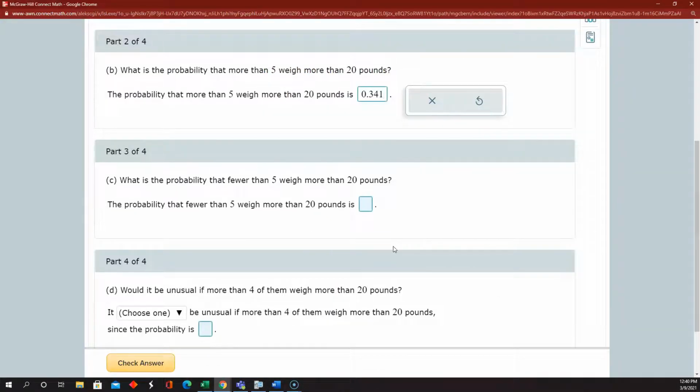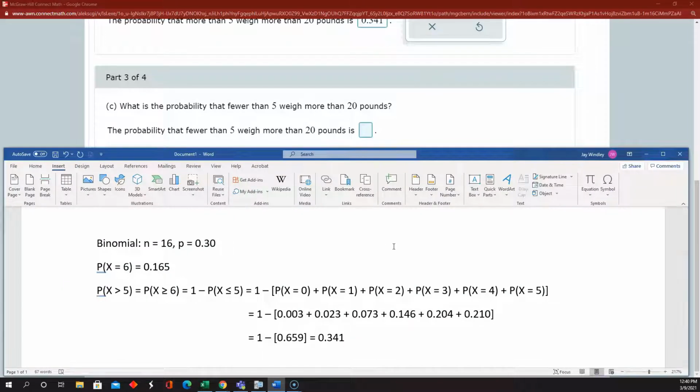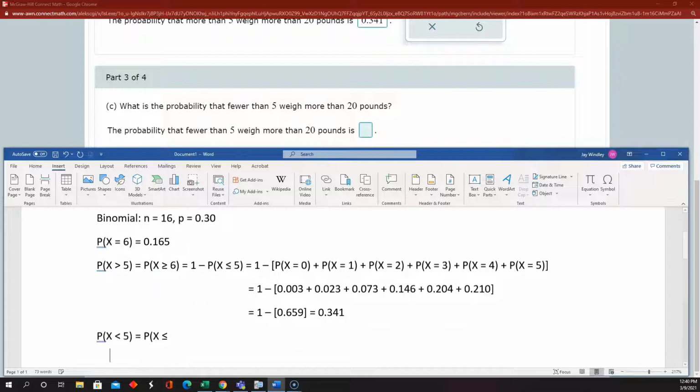Then we have a question that says, what is the probability that the number of successes is fewer than 5? So fewer than 5 means less than or equal to 4.